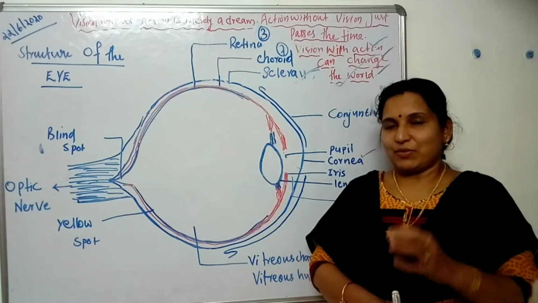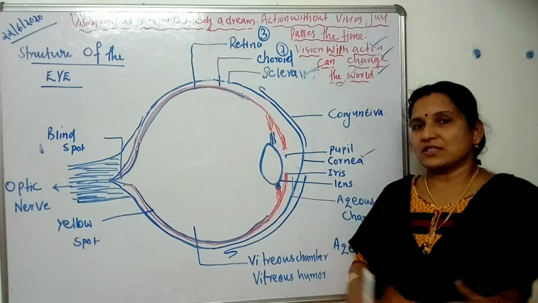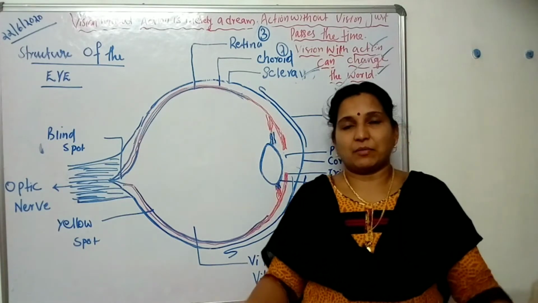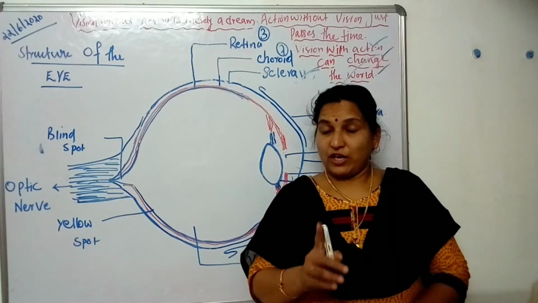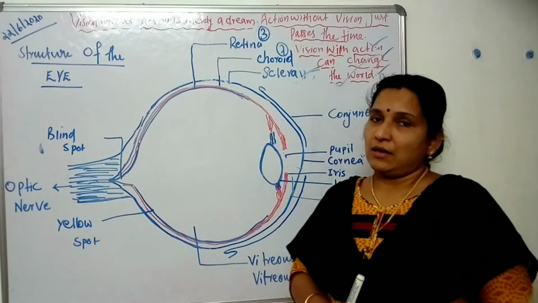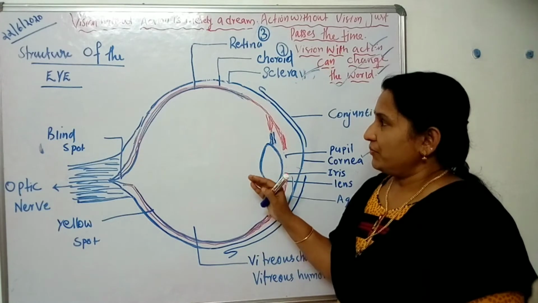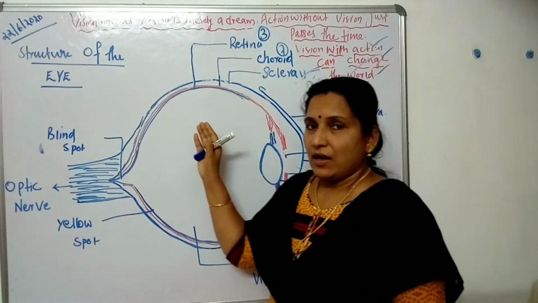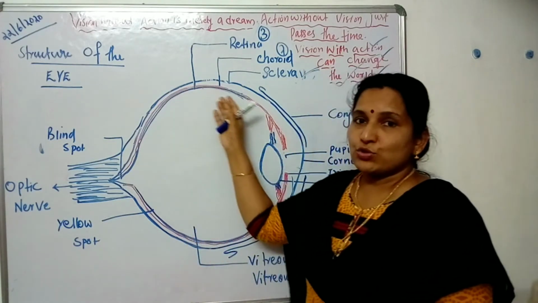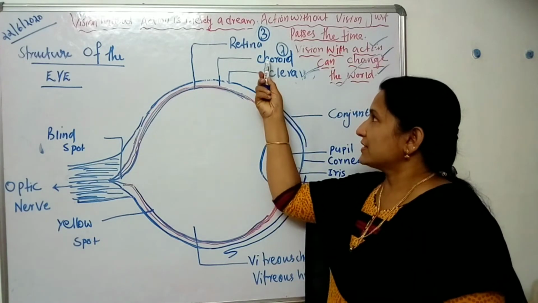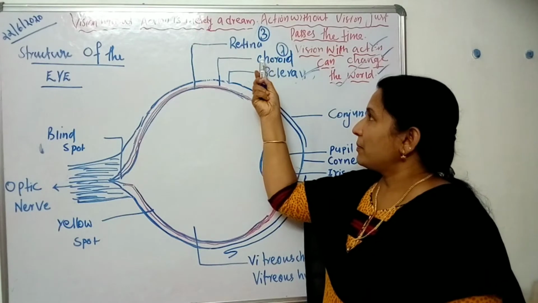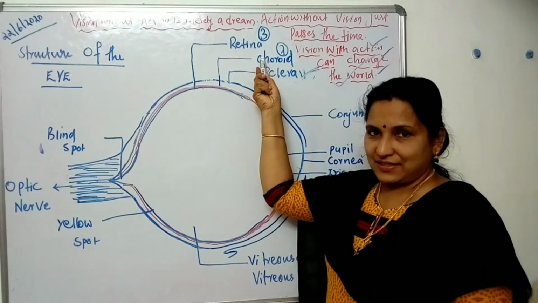Yes, it provides nutrients and oxygen to all our body wherever blood vessels are present. That is one of the important functions of blood vessels. So here also the blood vessels provide oxygen and nourishment to the eyeball. Is it clear, children? Choroid is the second layer. It is made up of so many blood vessels.